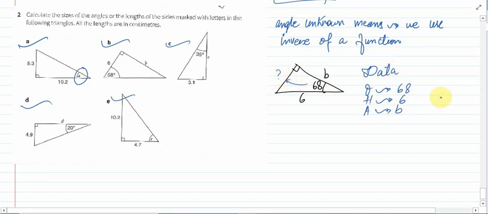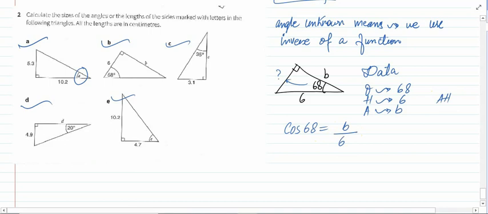Now adjacent and hypotenuse come in cos, which means you need to apply cos here. Cos 68 equals adjacent, that is B, divided by hypotenuse, that is 6.